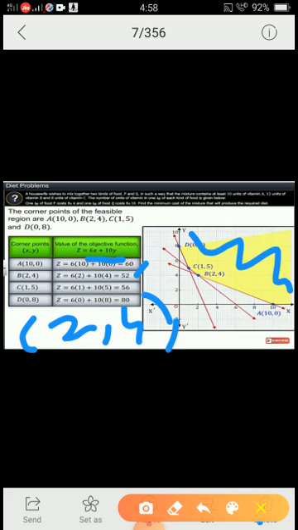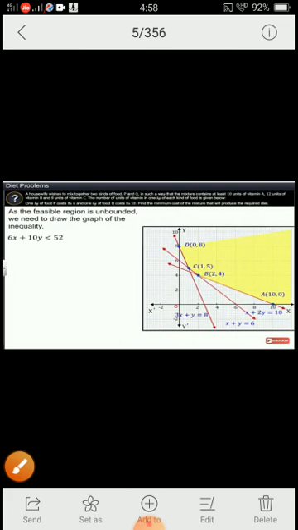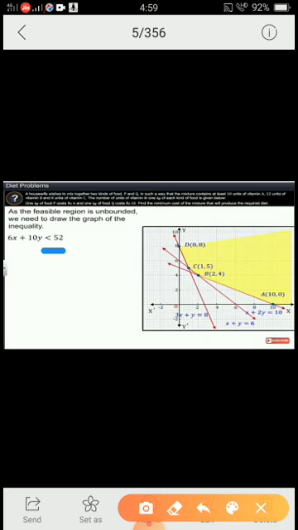So as the feasible region is unbounded, we need to draw the graph of the inequality 6x plus 10y less than 52. Is it clear why it is less than 52? We got 52 as the minimum.